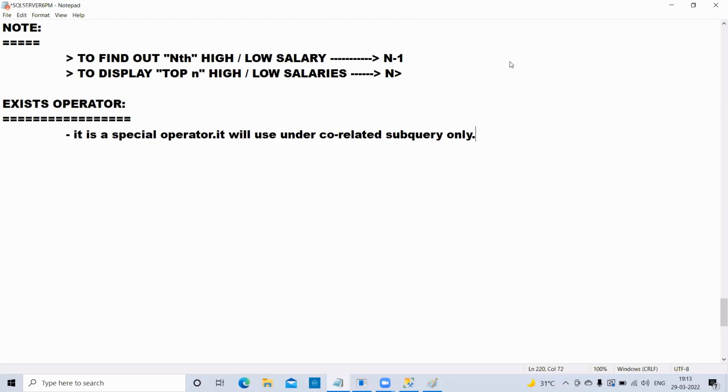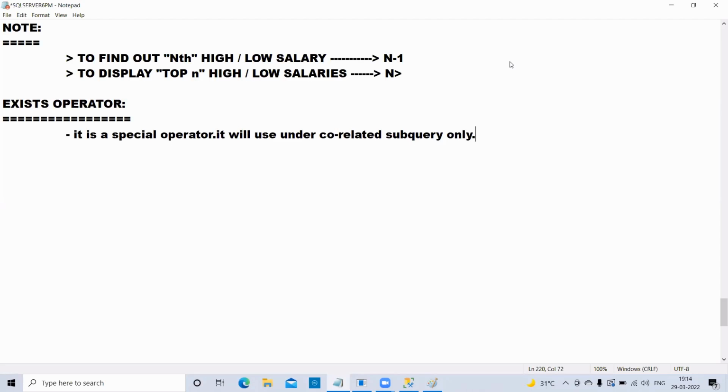This operator is especially designed for correlated subqueries. I can't use it in non-correlated subqueries or any other queries. It can be used only in correlated subqueries, and it is specially designed by people to use there.